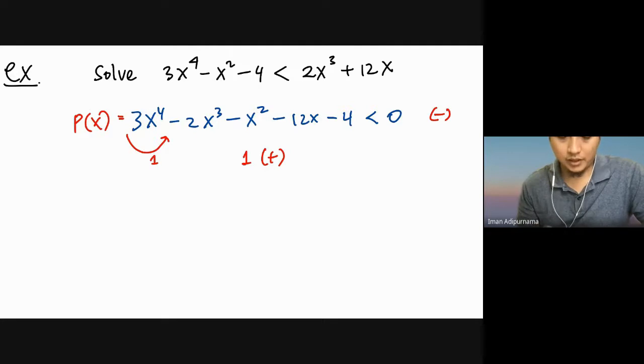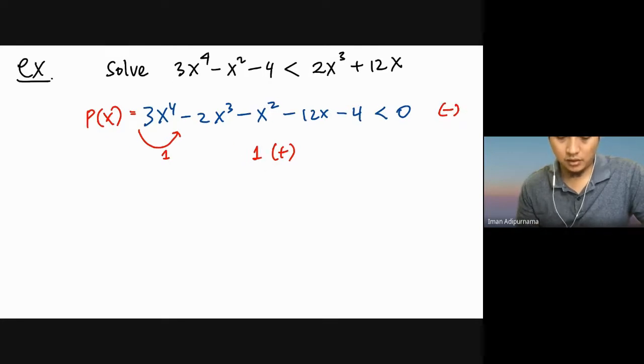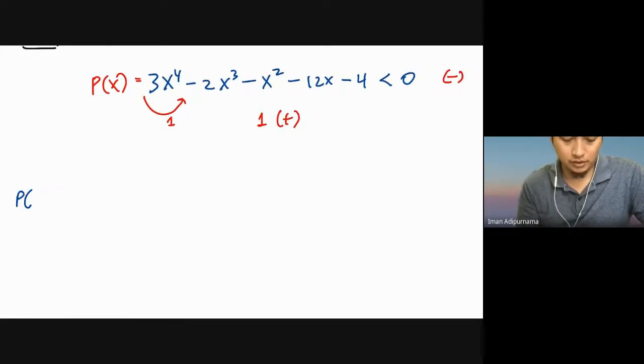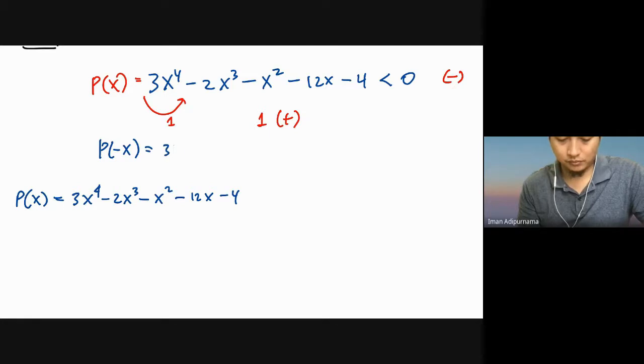And if we check the, oh, let me write here so that I will not make a mistake again. That's our P(x). Let me write the P(-x). Right, that will be negative.